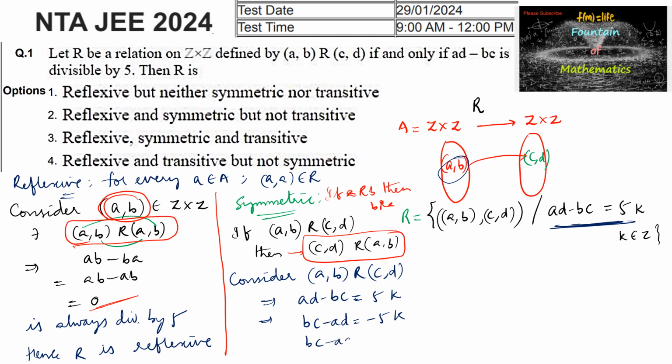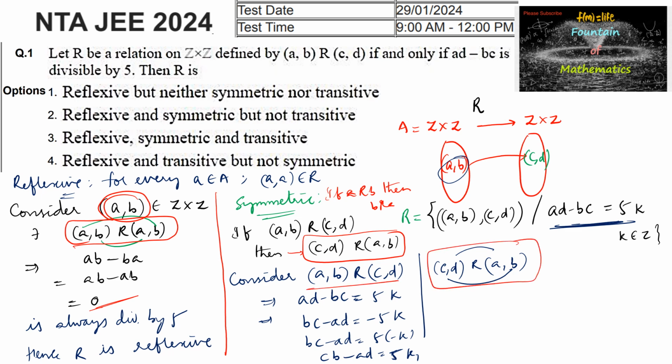That is BC minus AD is 5 into some negative constant, so BC minus AD is also divisible by 5. So we can also write this as (C, D) is related to (A, B), so that CB minus AD is equal to 5 into some constant. So for (A, B) related to (C, D), we got (C, D) related to (A, B), and hence we can say that the relation R is symmetric.